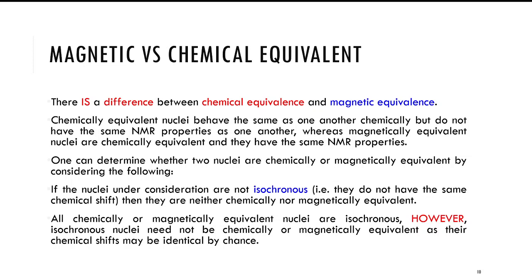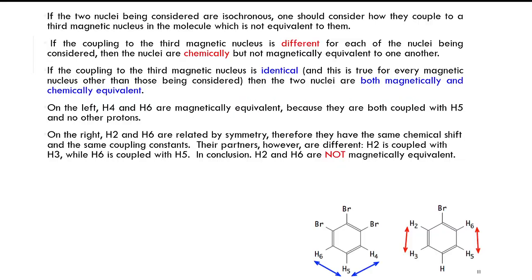However, isochronous nuclei need not be chemically or magnetically equivalent, as their chemical shift may be identical by chance. So let's look at an example here. You will read this yourself.